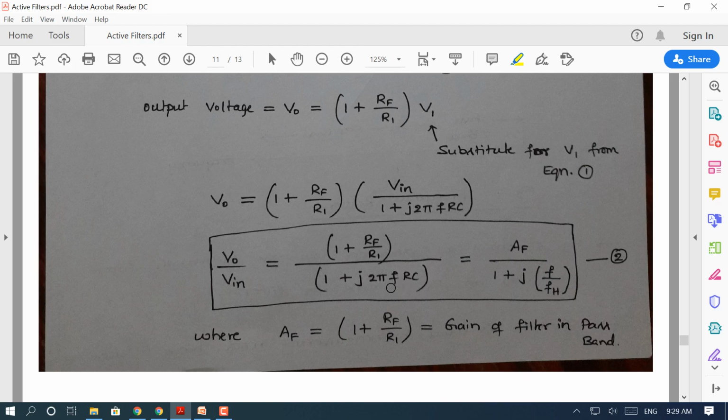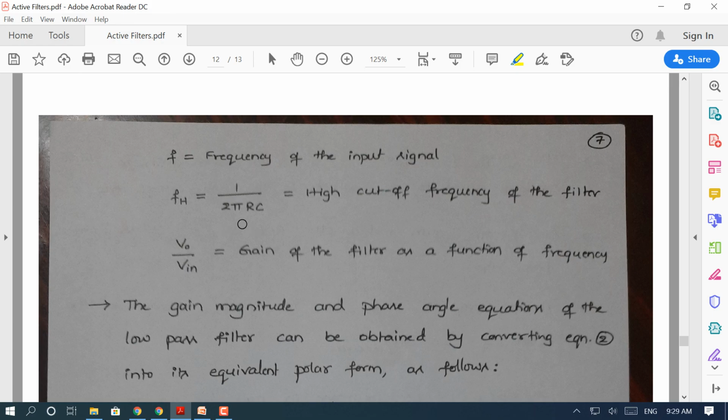This f is kept as it is, and j also is retained. The remaining terms we are denoting as fH. So the equation for fH becomes 1 by 2 pi RC. f is the frequency of the input signal. This keeps varying. This is our x-axis parameter. fH is 1 divided by 2 pi RC, and it is called the higher cutoff frequency of the filter.